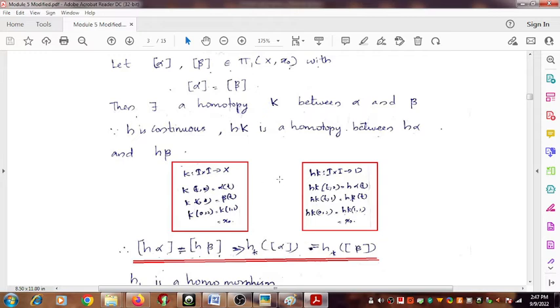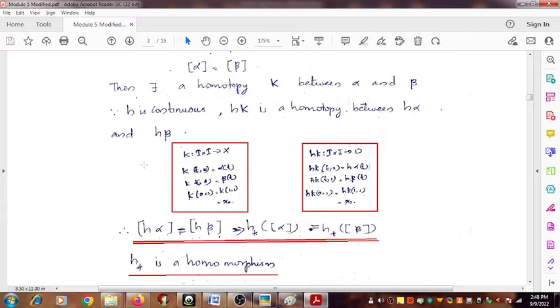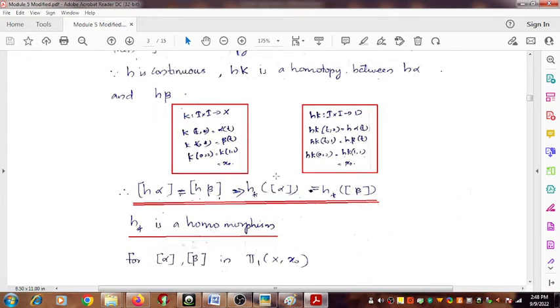So corresponding to this, by applying h, you get another set of properties, and these properties are obeyed by the composition h k. That's why we say that h k is a homotopy, and this homotopy transforms h alpha to h beta. You can verify that. And thus class of h alpha equals class of h beta.